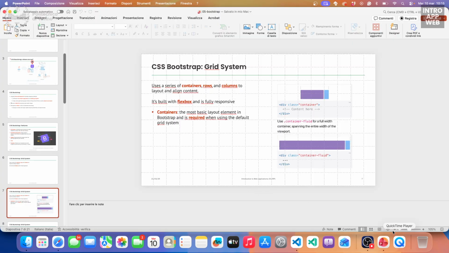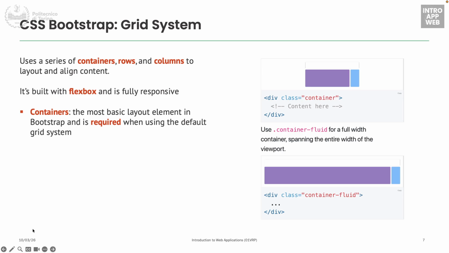Basically the same. The first step is creating a huge container in which the elements will be placed. It's the same logic here. So it is the most basic layout element in Bootstrap, and it's required when using the default grid system. How do we create that?